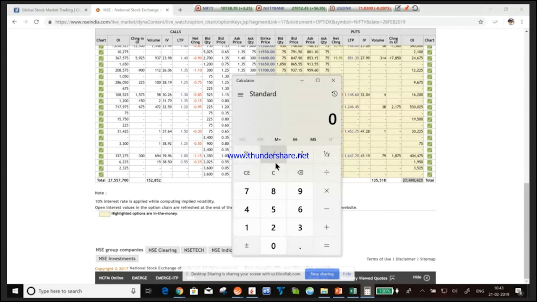So is that greater than 10,000? Yes. So Reliance satisfies the first criteria. So let's see for Nifty. 27,557,700 plus 27,490,425.